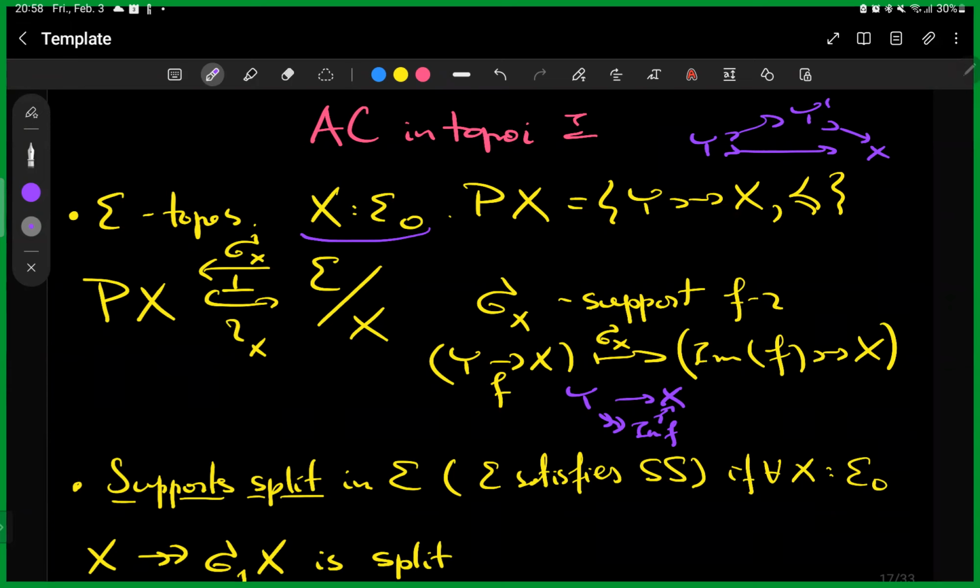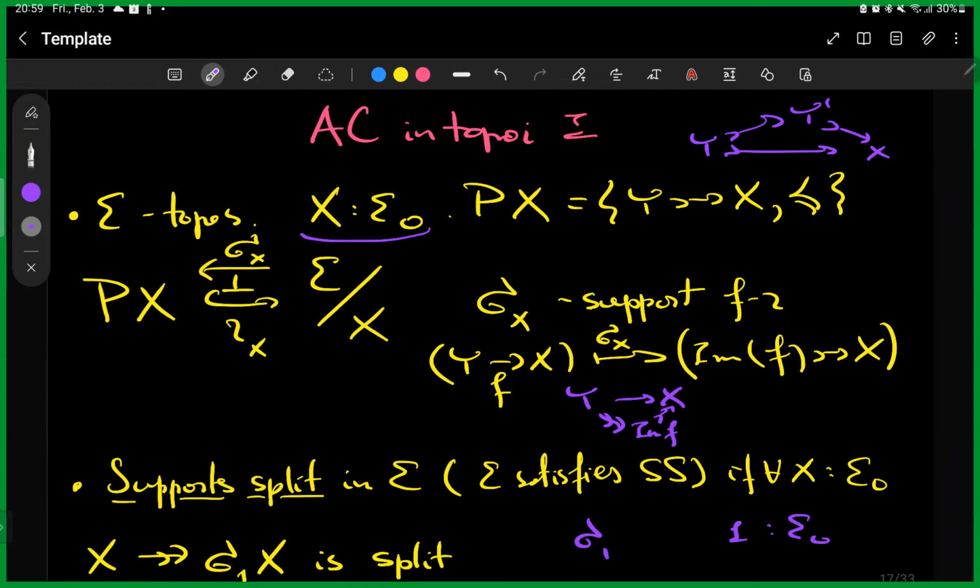And we say that support splits in E, or that E satisfies the axiom SS, if for any object X in E, the epimorphism from X to sigma 1 of X over X is split. So obviously we have a support functor which corresponds to the terminal object in our topos, and this produces subobjects of the terminal object.